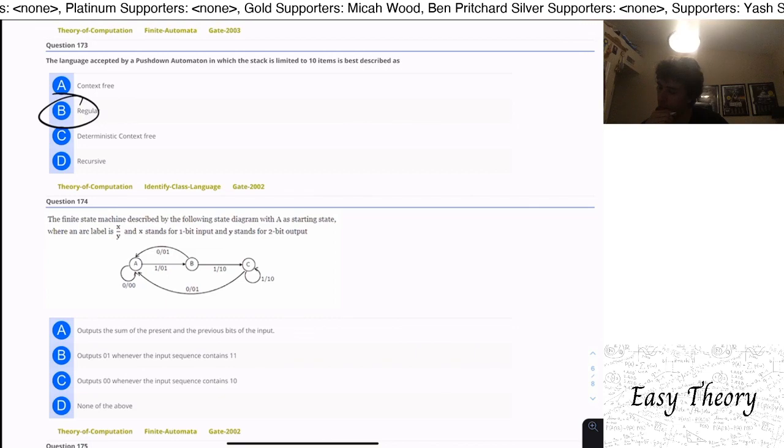Outputs the sum of the present and previous two inputs. So if it sees a 0, it goes back to A. When it sees a 1, it progressively moves through the machine. Oh, okay, yeah, it is A.